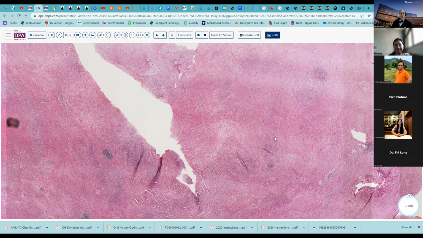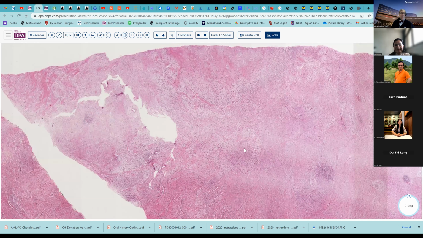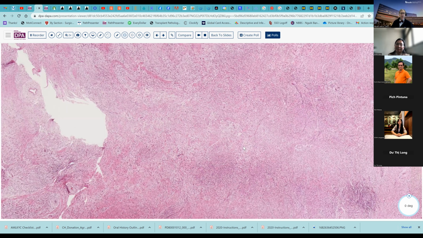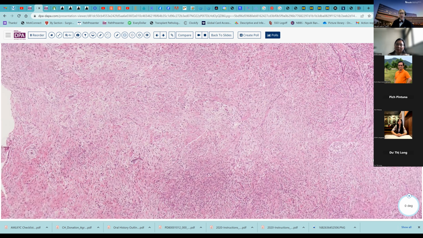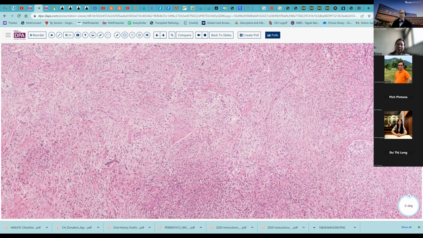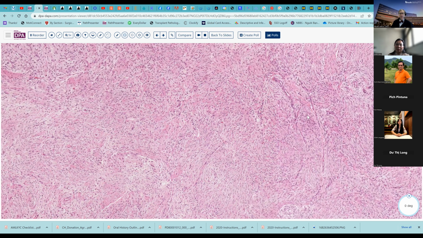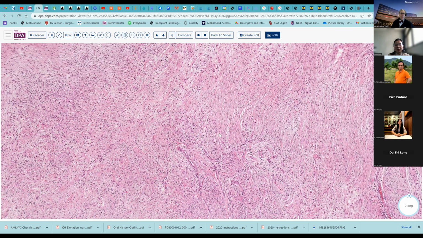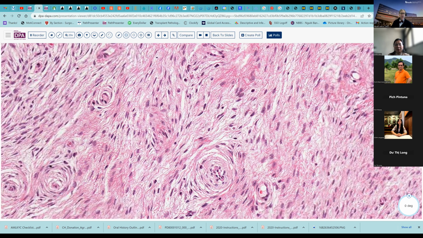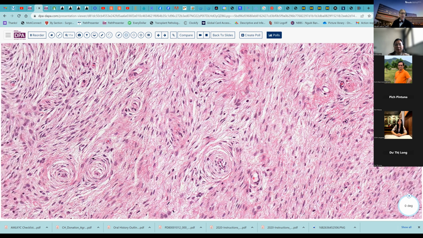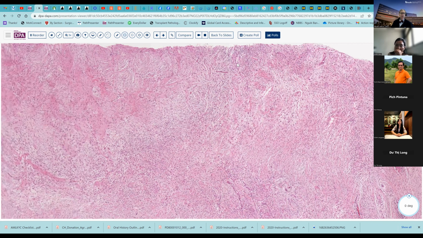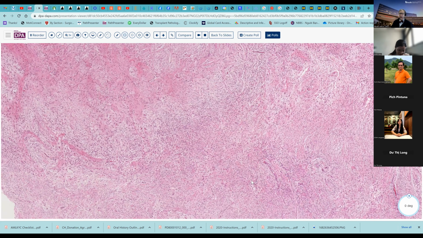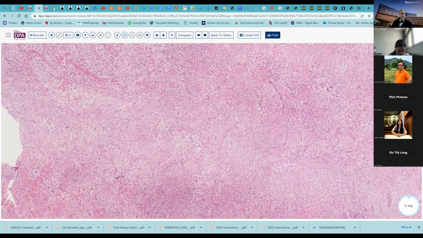This is a borrowed slide. So here we can see the sort of vaguely nodular pattern. Here it's a little bit more sort of onion skin-like pattern, and you can see some of the nodularity. Here you see some of the more loose myxoid changes. And I think maybe you can begin to get a sense for a little bit of the curvilinear vasculature in this lesion.